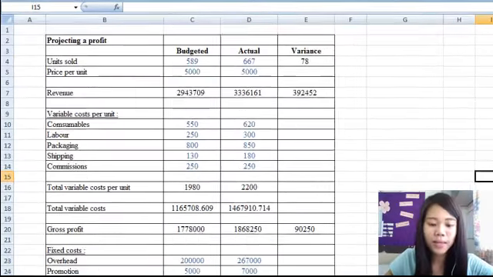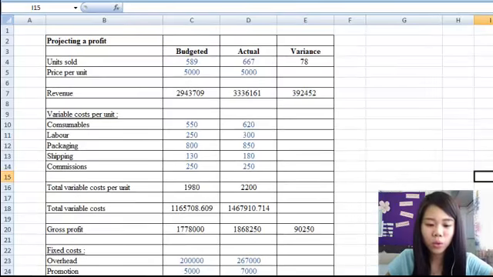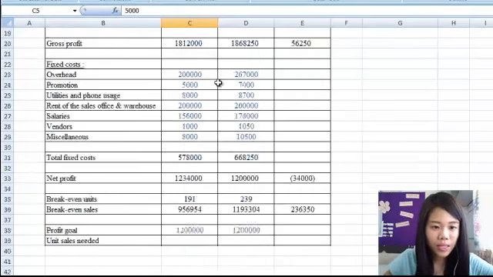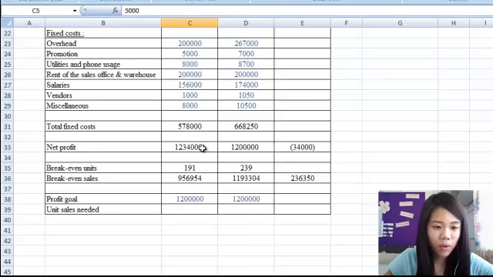The next question is, United wants to know the break-even point in units and the projected net profit if they reduce the price of Panorama to 3,999. We assume that the actual cost remains the same. We can see that the budgeted net profit is 1,234,000 and the break-even unit is 191.